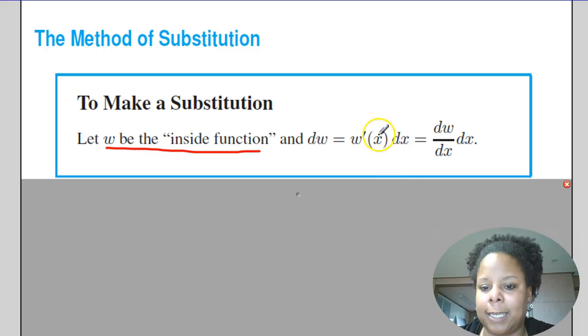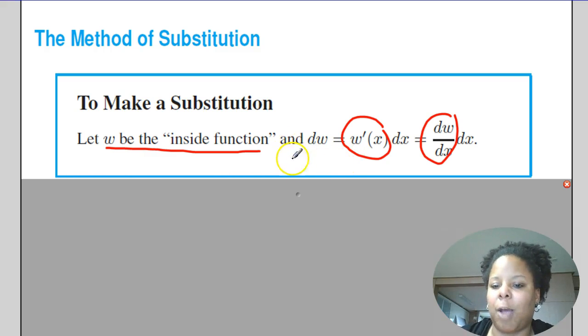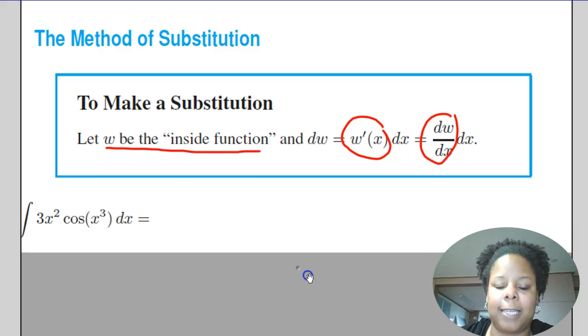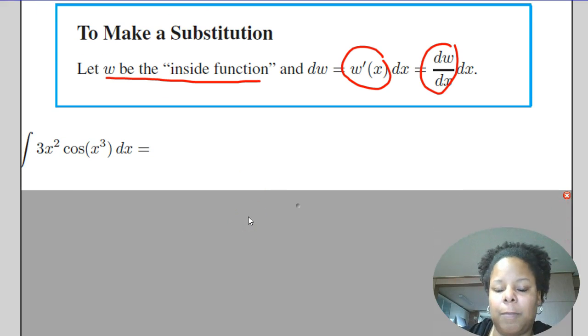That's basically saying, multiply both sides by dx, and you get dw is equal to w prime of x dx. So let's actually do that for that particular problem. Let's identify what our w function is, and then identify what dw is.